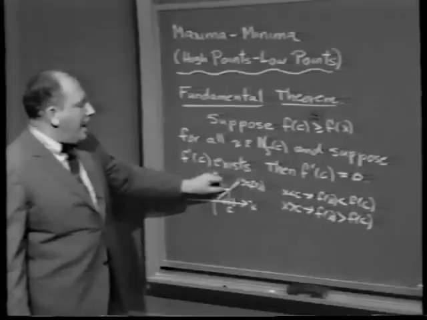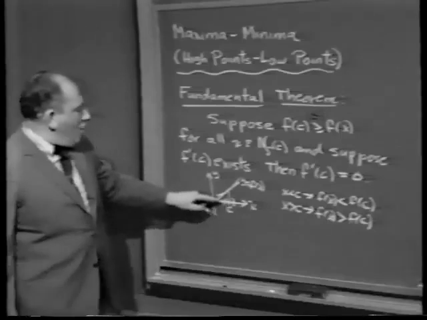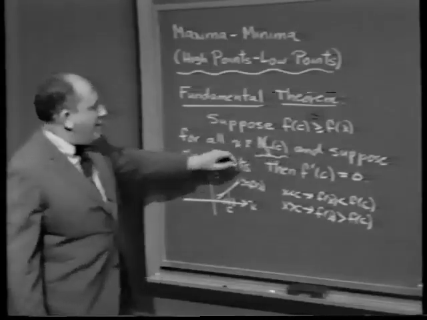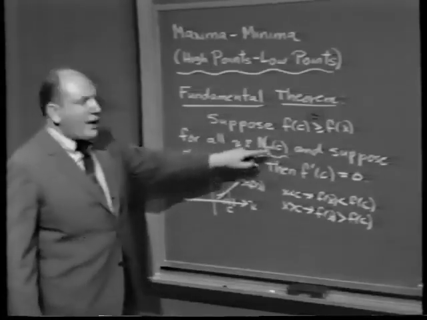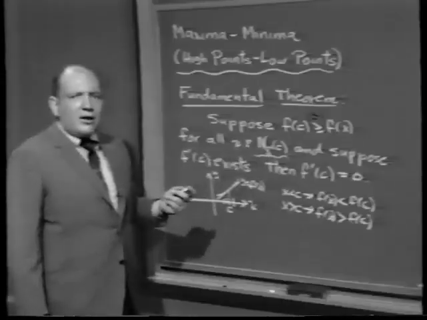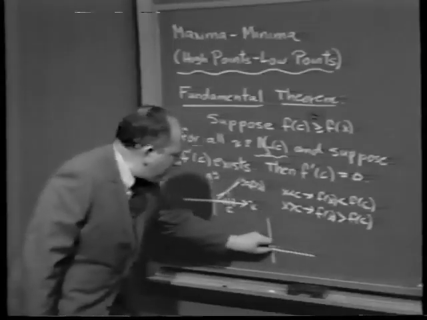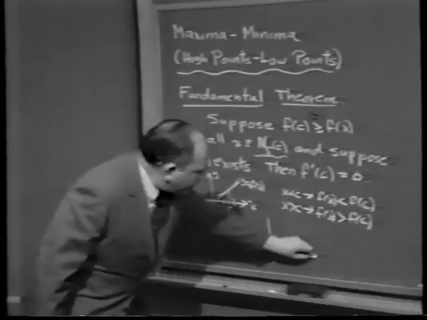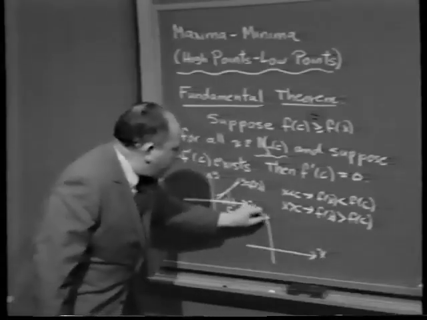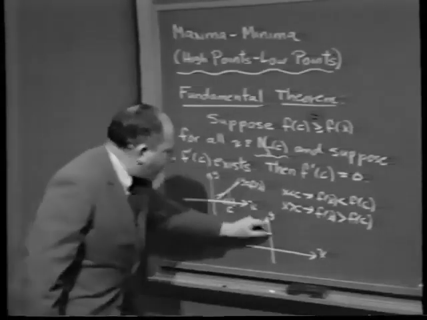And by the way, again, observe what we're saying. This is rather crucial over here. First of all, we're talking about a sufficiently small neighborhood of c. What I mean by that is something like this. And by the way, this could cause a little bit of a problem if you're not careful with your language.